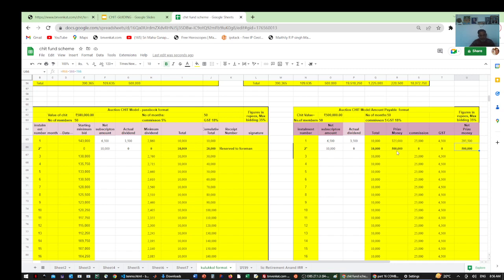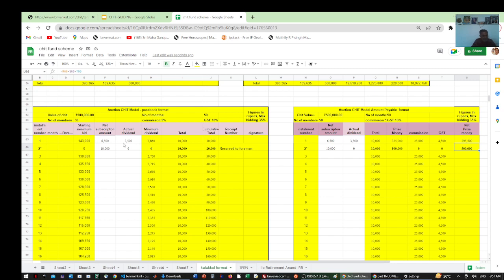And now the first month entries are over, and the individual passbook can be filled up with these figures, and the first bidder. One thing more. There is a limitation of 35%. Let us assume at this 35% there are about 5 or 6 bidders.